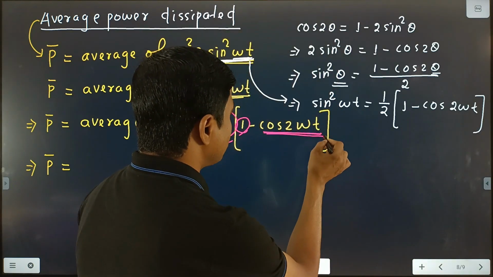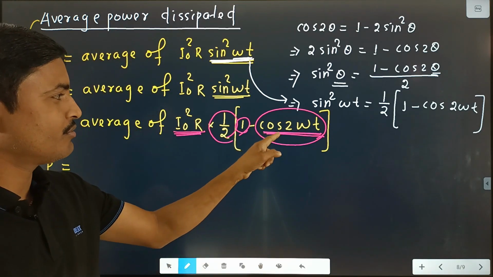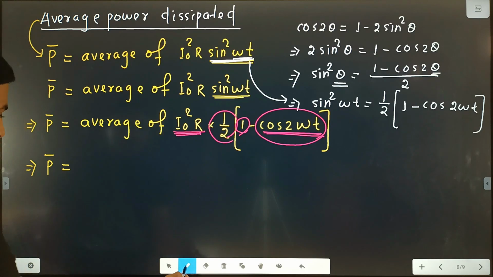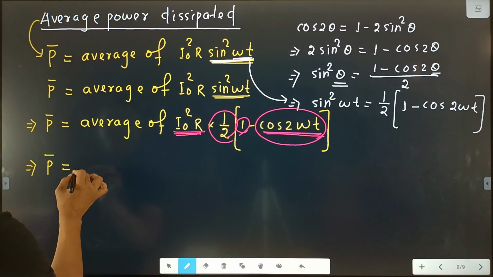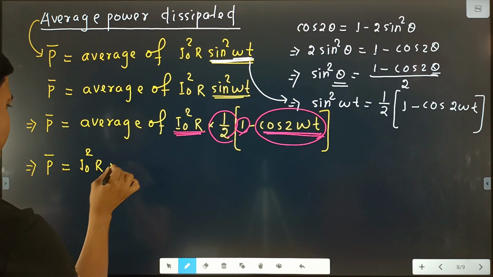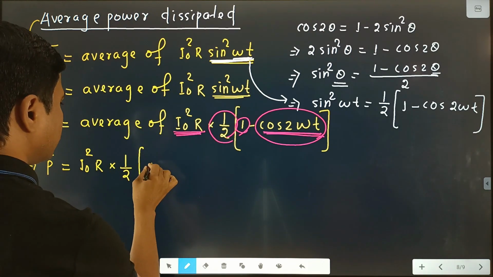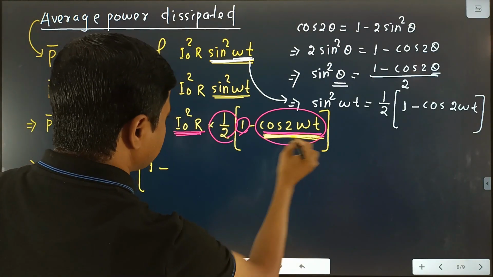So that only variable is cos 2 omega t, and here we will calculate only the average of cos 2 omega t. So that we write average power consumed, or average power dissipated, is I0 square r multiplied by half, same thing, multiplied by 1 minus the average of cos 2 omega t.